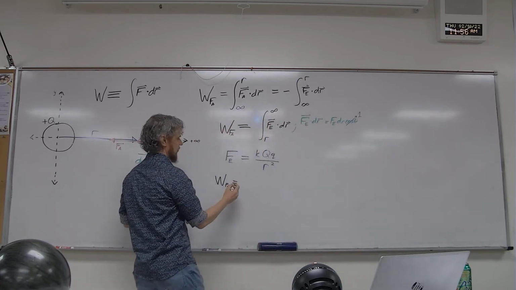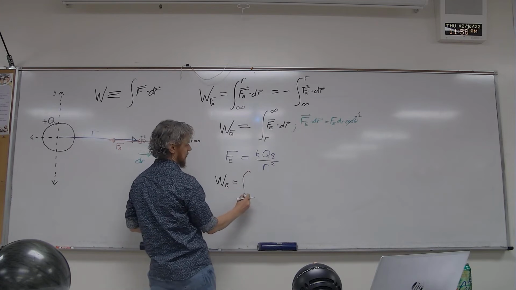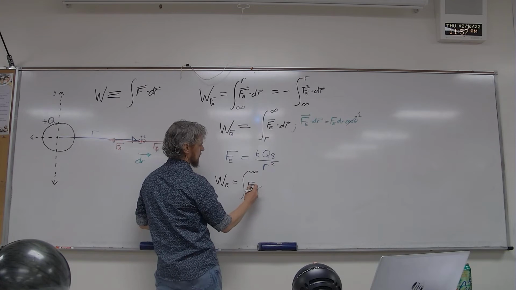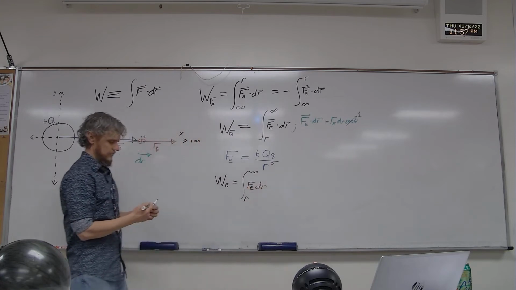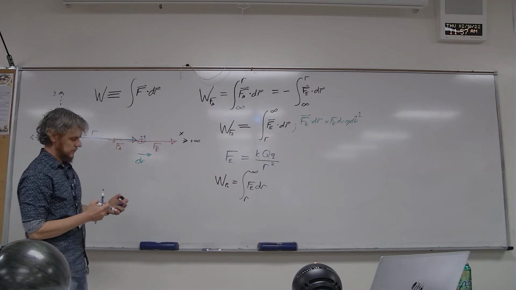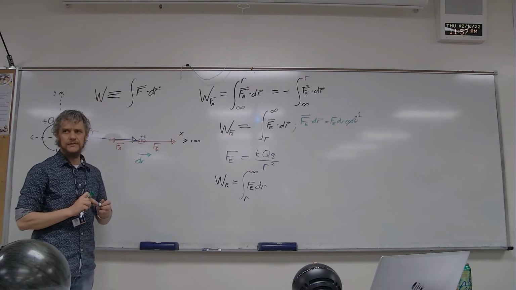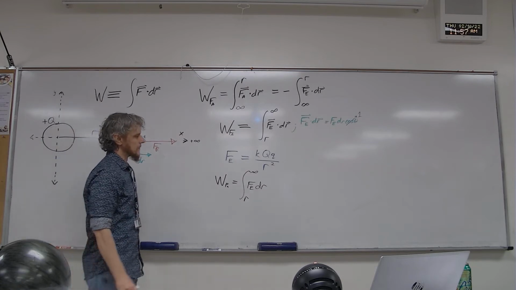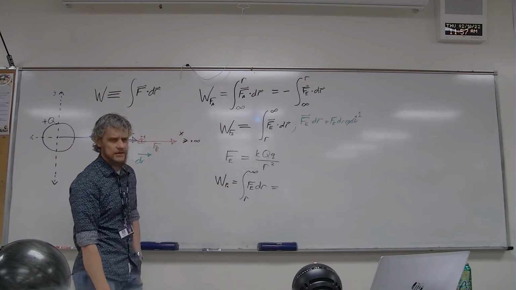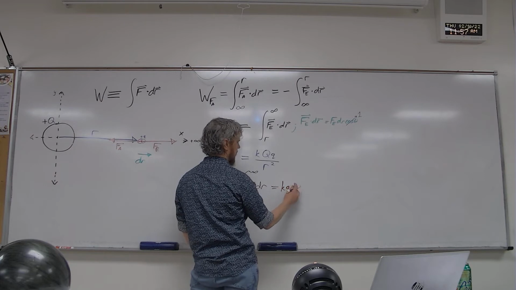And so yeah, the work just becomes the integral from r to infinity of Fe dr, which shouldn't be a very difficult integral for us to do. Good times, right? So that's going to be kQq over r squared. What of those are constants? k, big Q, little q.